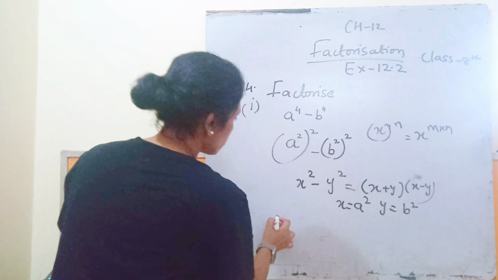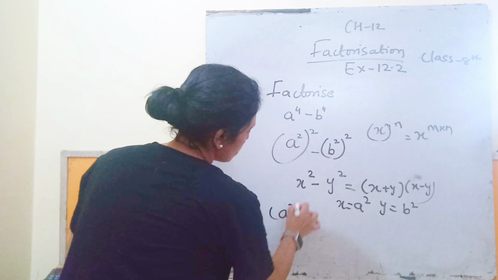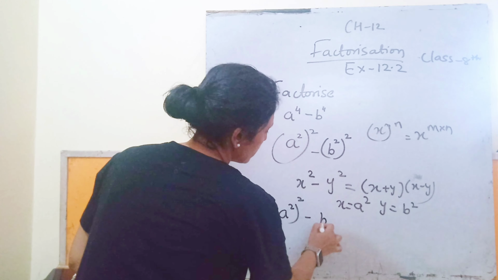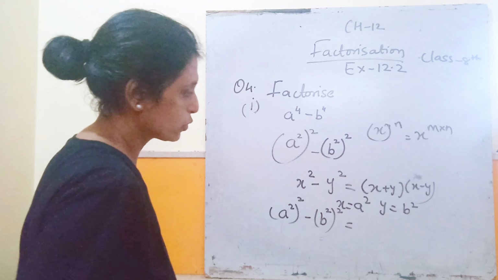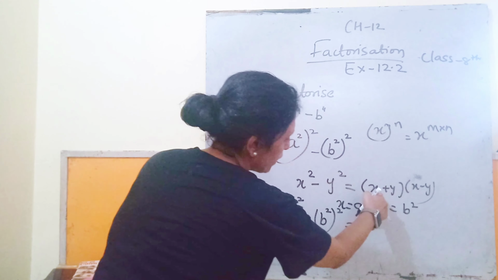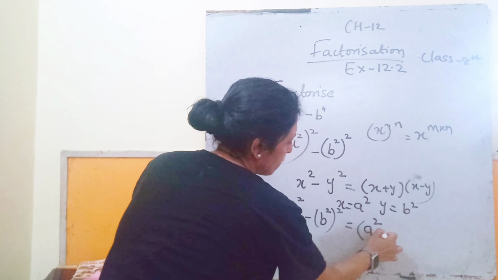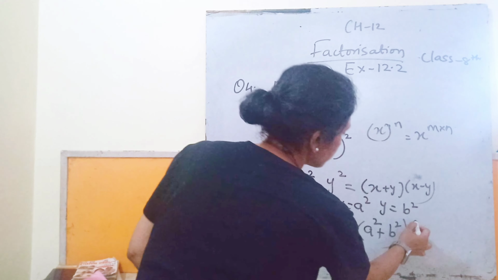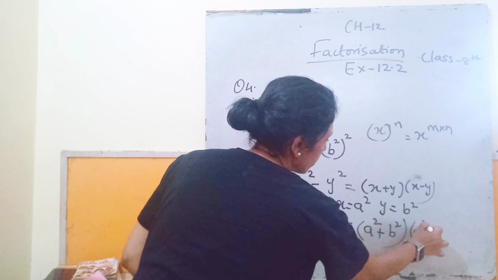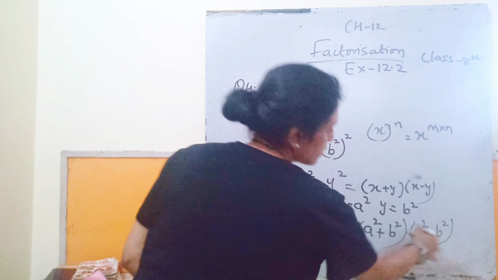So a square raised to power 2 minus b square raised to power 2 is equal to x plus y, that is a square plus b square, and x minus y, that is a square minus b square.